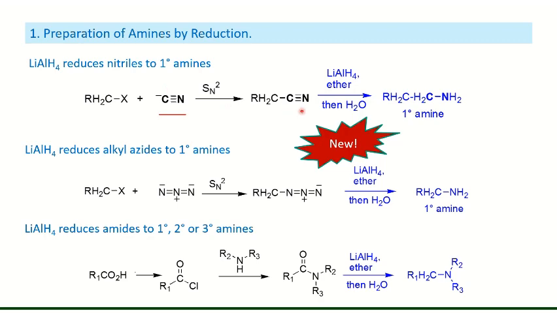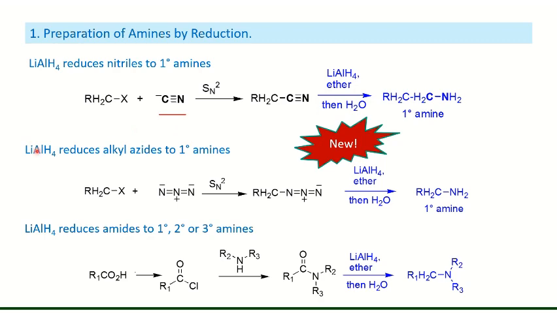We realize the nitrile. Remember, this is a coupling because you just form carbon-carbon bonds. Then we go ahead with our good old reliable lithium aluminum hydride, reduce it and quench with water. That will give us a primary amine.